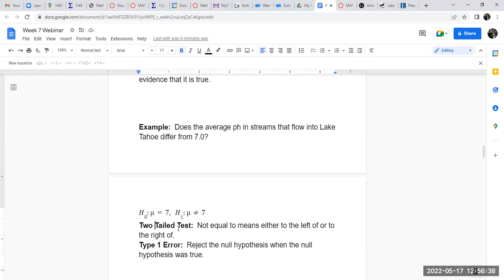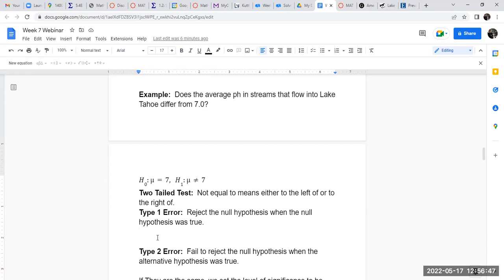Okay, now let's look at the type 1 and type 2 error. Remember, type 1 is you reject the null hypothesis when the null hypothesis is true. So in this case, what does that mean? What's going to happen? What are the ramifications? Ramification means bad stuff. That's an English word, not a stats word, by the way. So I think that would mean that you think it's not 7, but it's 7. So you think it's bad, but it's actually good.